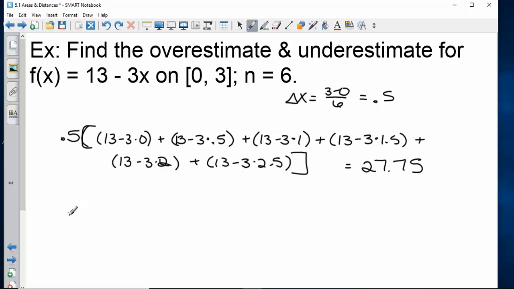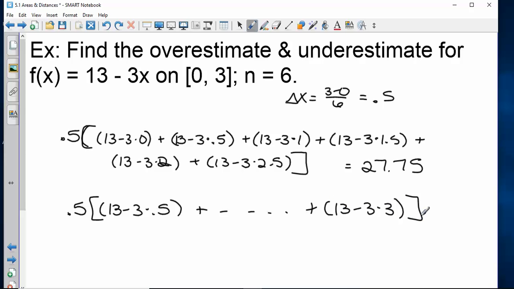For the second one, the only thing that changes is you drop the 13 minus 3 times 0, so you start at the 3 times 0.5, and you'll have to add 0.5 one more time, so you'll end at 13 minus 3 times 3. So you can just hit second enter, change that 1 point, and you should get, what'd you guess?